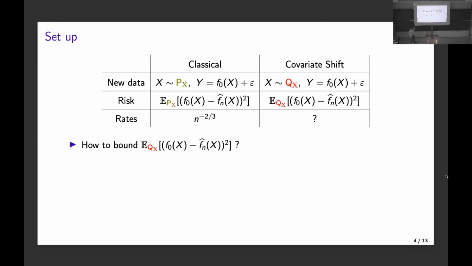And so in this classical way, we obtain the well-known rates. So in our case, it's n to the minus 2/3, because we talk about the case where dimension equals 1 and smoothness equals 1 because of the Lipschitz assumption.